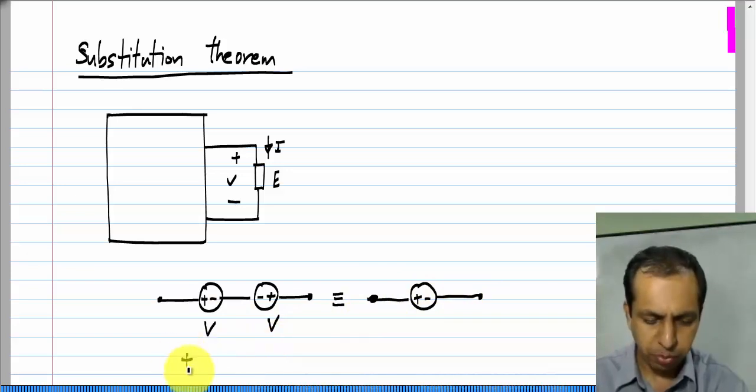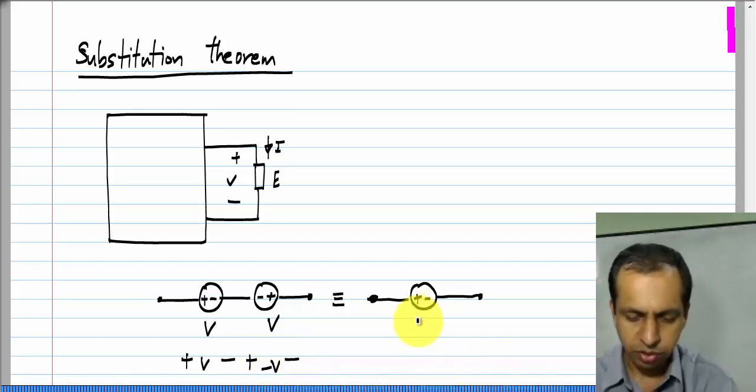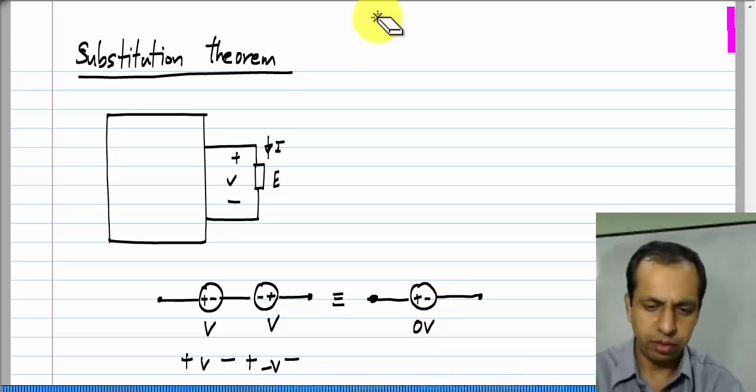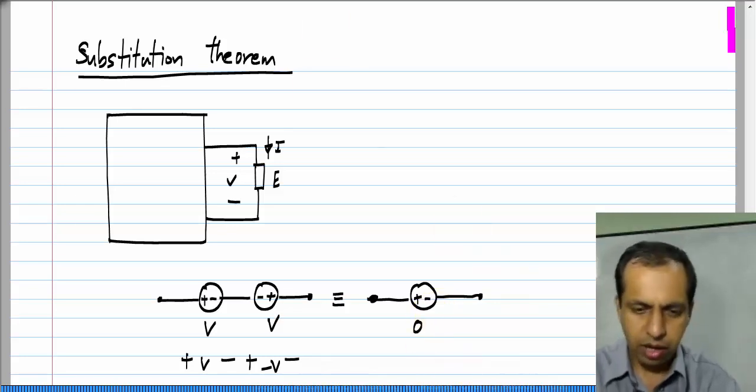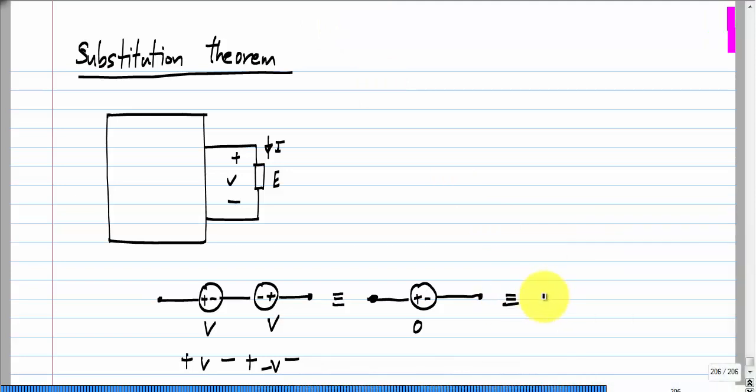If you look at it with the polarity, this way I have V, and in the same polarity I have minus V because of this source. So, the whole thing is equivalent to a 0 volt voltage source, and a 0 volt voltage source is nothing but a short circuit or a wire.